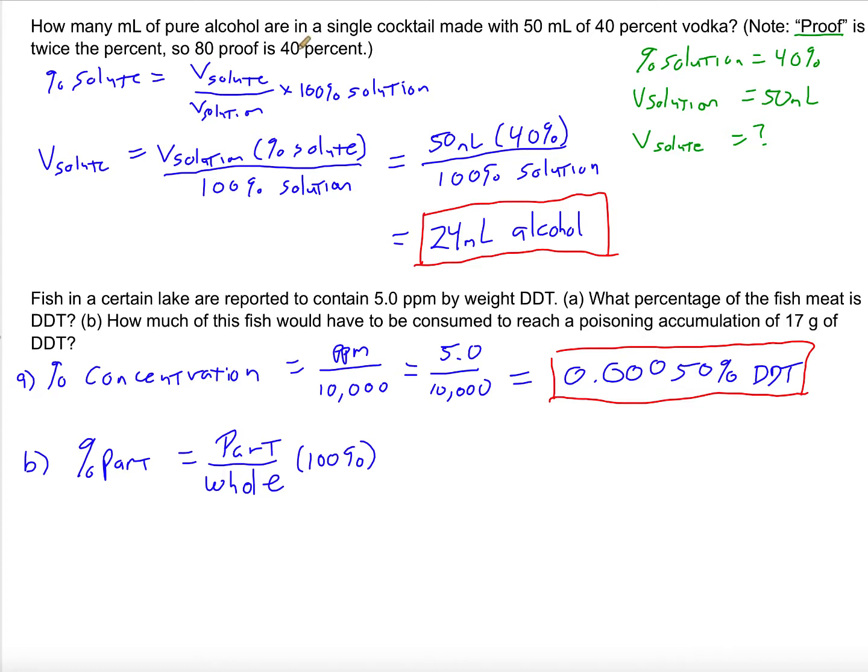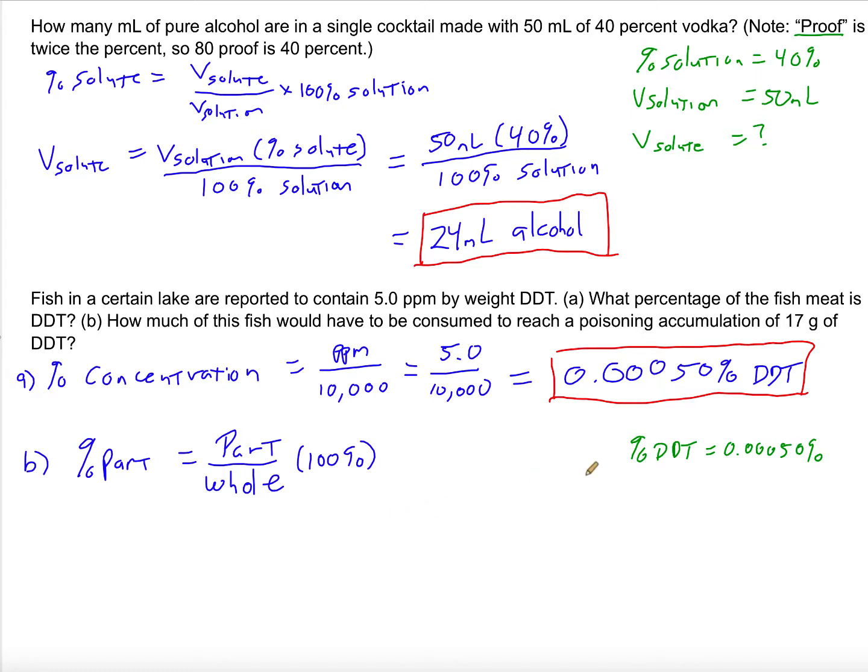What do we know? Let's write down the numbers that we know. We've just figured out the percentage of DDT is equal to 0.00050%.